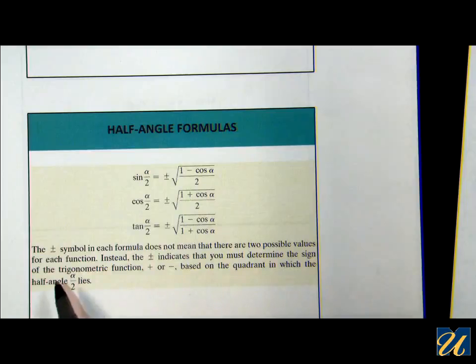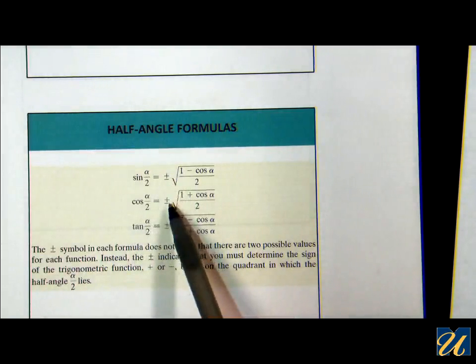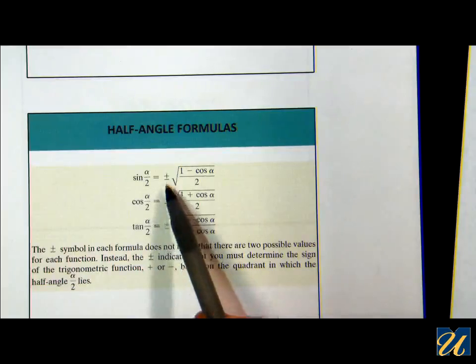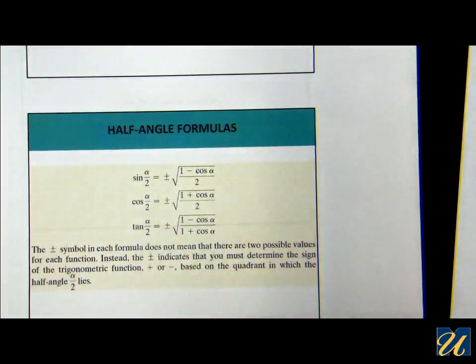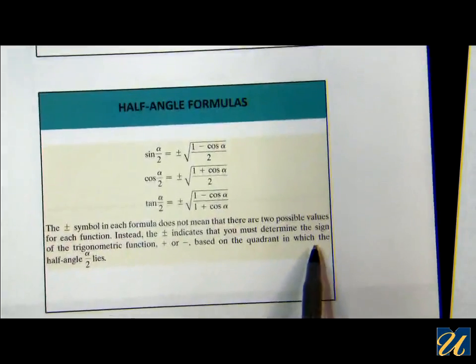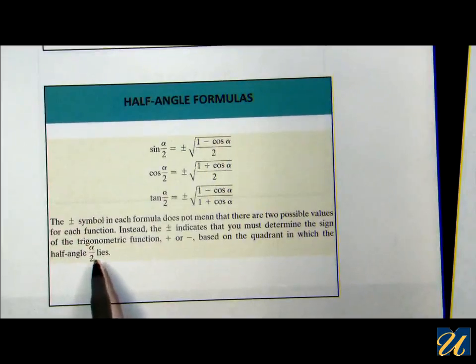Now notice down here, it's very important, you see there's plus and minus in front, and often the plus or minus comes as a result of taking the square root. That's not what's going on. It's saying here that the plus or minus indicates that you must determine the sign of the trigonometric function based on the quadrant in which the angle A over 2 lies.